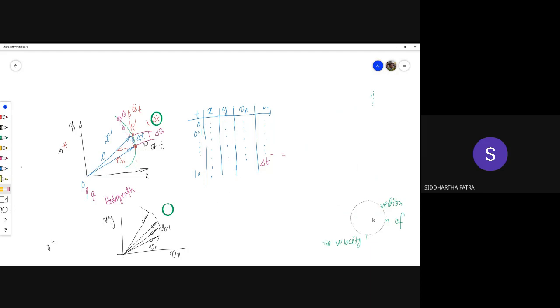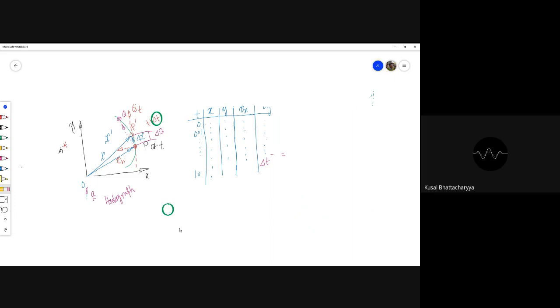Have you heard about the finite difference method? Are you familiar with the finite difference method? No, sir. Okay. Basically, that is a way of getting derivatives approximately, if you have the quantities themselves available at equal intervals of time, or let's say equal distance away along a given direction.